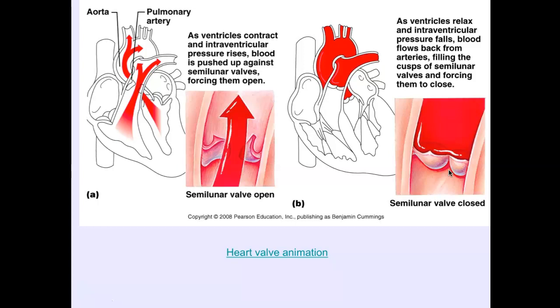So they're going to block the blood vessel so that the blood does not backflow. All right, so it's a very simple mechanism. It's just flaps of connective tissue that are shaped like a little bowl, and when they fill with blood, they completely block the lumen there. So both the pulmonary valve here and the aortic valve at the base of the aorta work the same way.